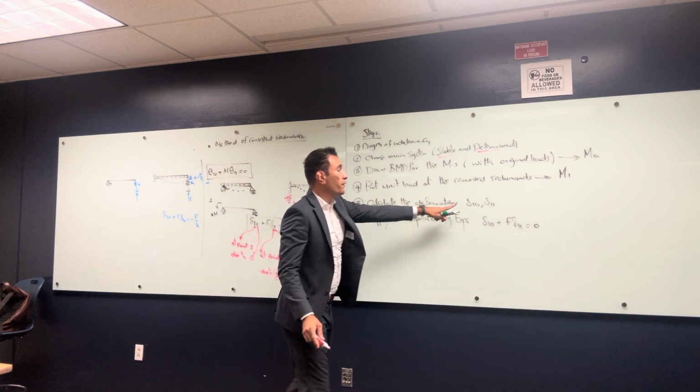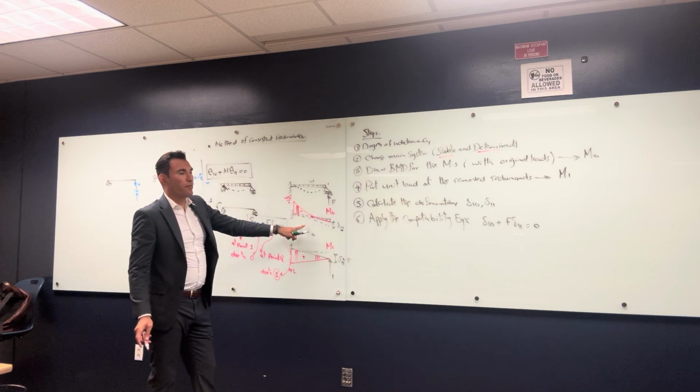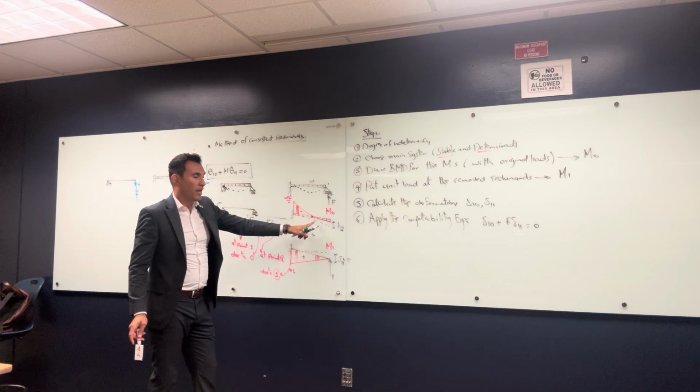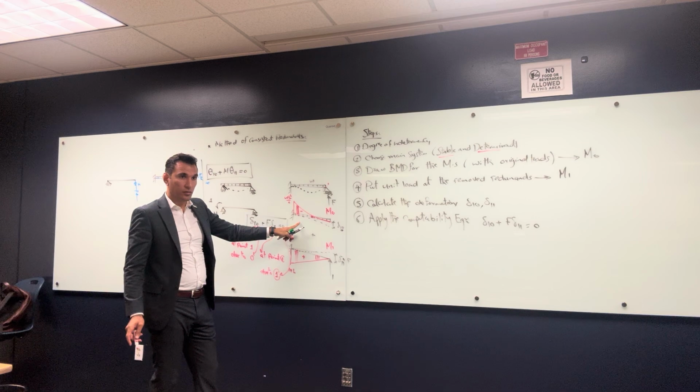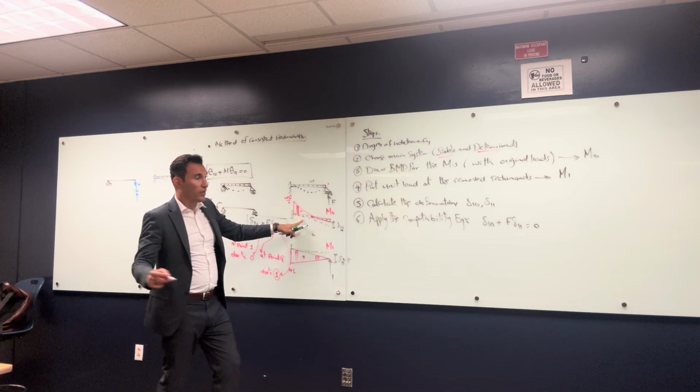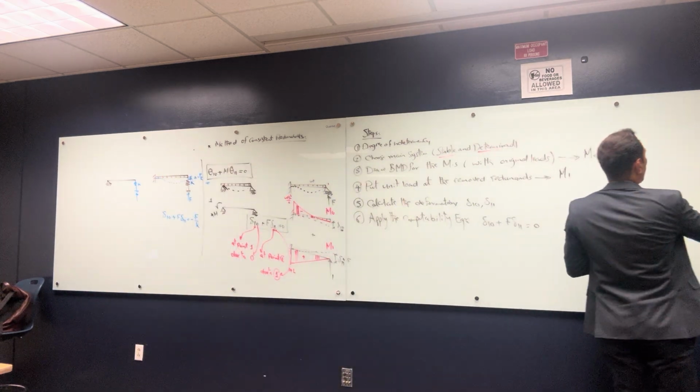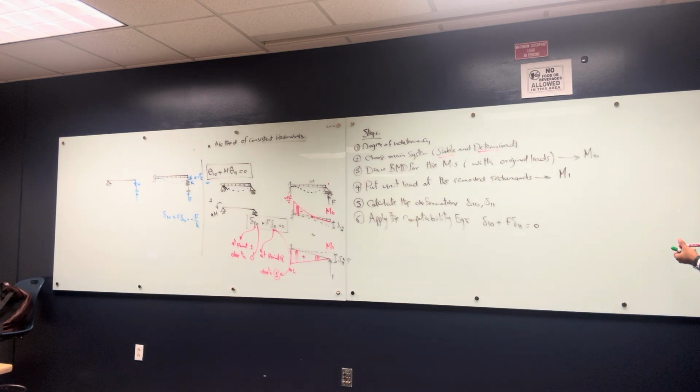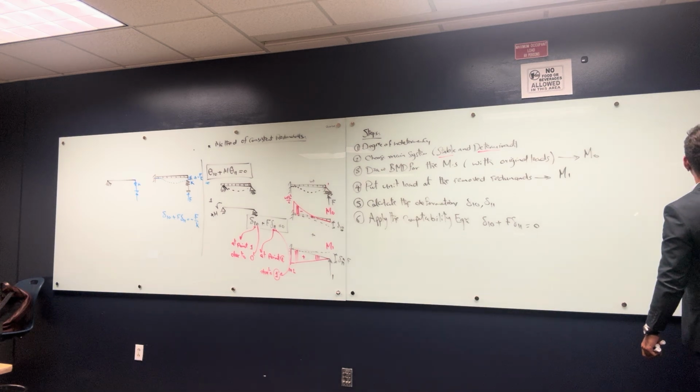Number five, calculate the deformation delta 1O. Do you guys remember from the virtual work, if we have a beam that has this load, how we calculate the deformation? For this beam, we did it before. If I want to find the deformation here, first you have to put a unit load at the location, and I remove all the loads, and then I put, for example, a unit load like this, 1, and then I draw the bending moment for this beam, like let's say the bending moment is something like this.